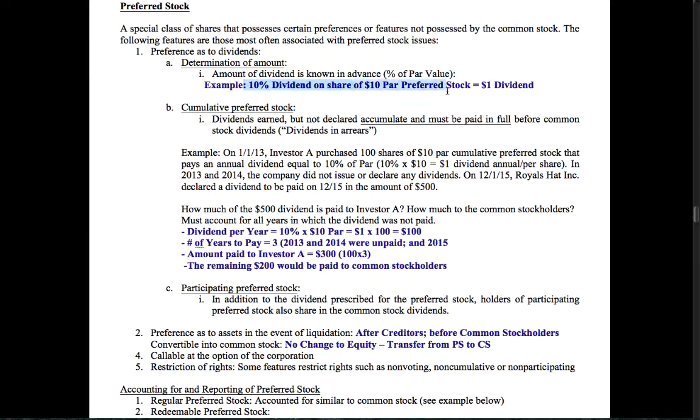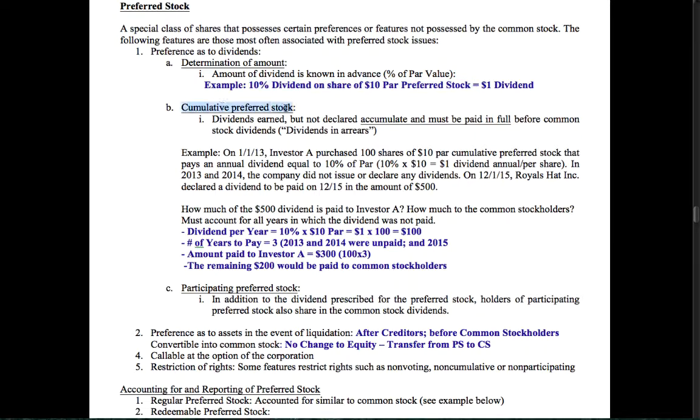One, you need to make sure that you can calculate this dividend given minimal information such as this, and knowing that that equals a $1 dividend. Most problems you receive will have just expressed that it is a 10% of par dividend, and you would need to calculate what that dividend is.